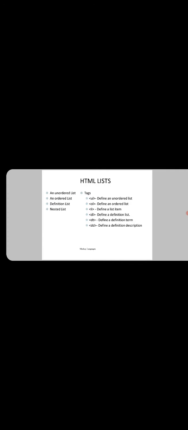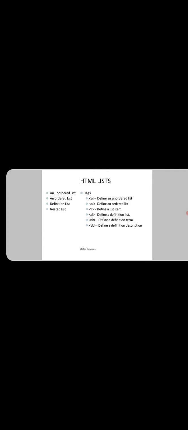Since there is no specific or predefined sequence, they are called unordered lists, meaning not in any sequence.